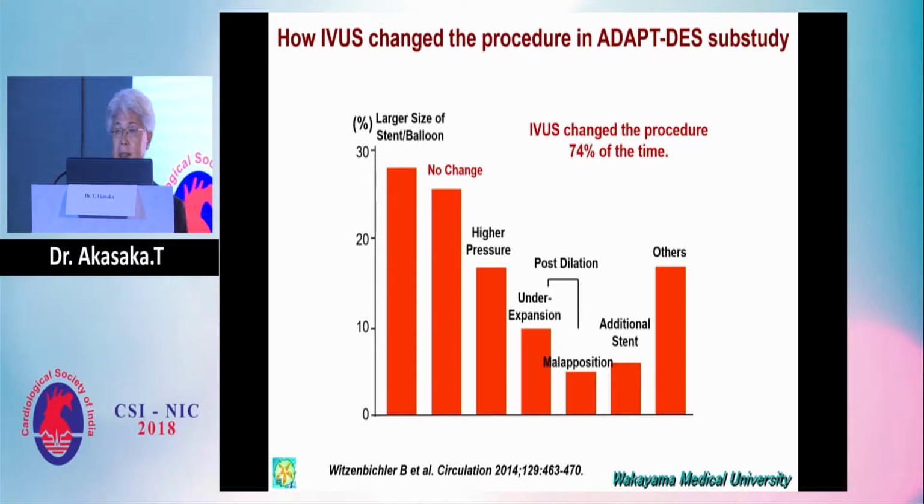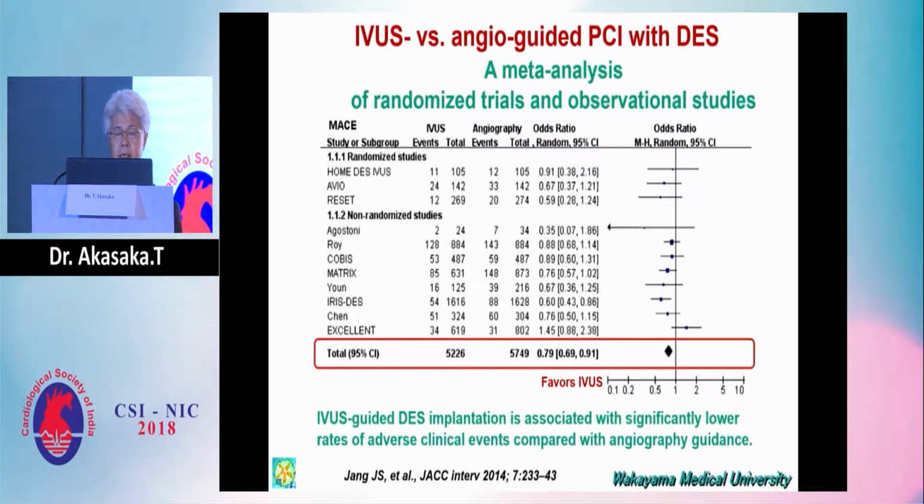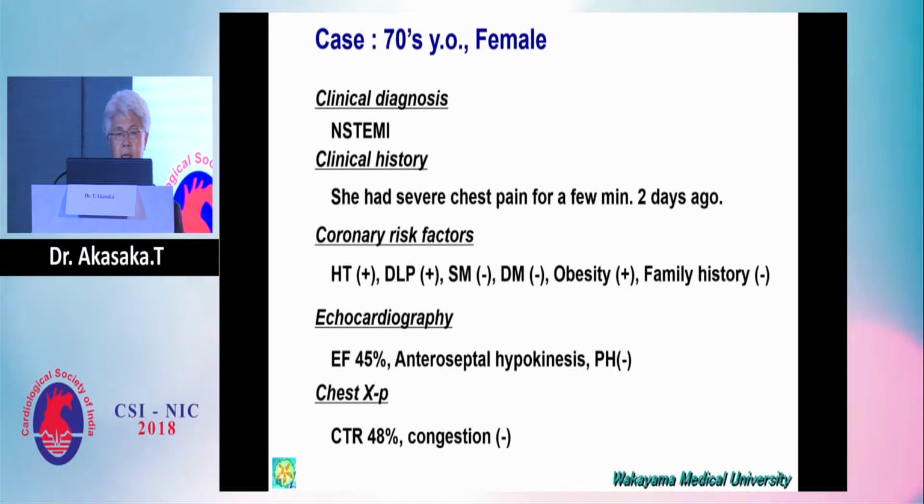So nearly 75% of cases, we change the strategies based on IVUS guide. And this is a meta-analysis demonstrating how IVUS is better than the angio guide as shown in this slide. And all the data demonstrate IVUS guided PCI might be better than the angio guide, as you know very well.